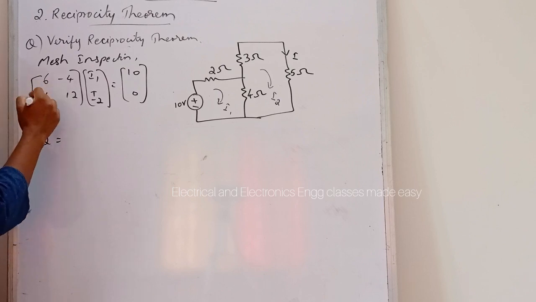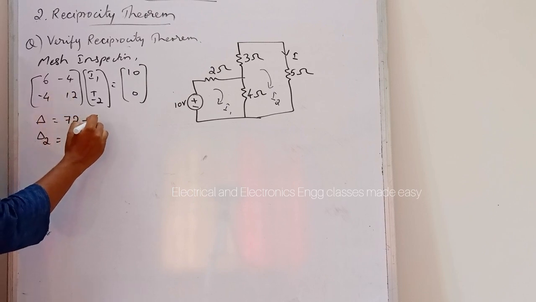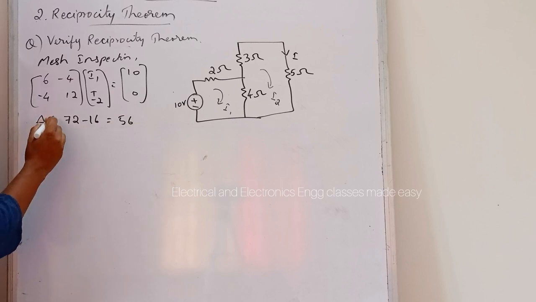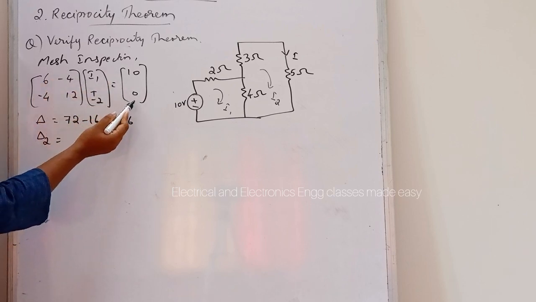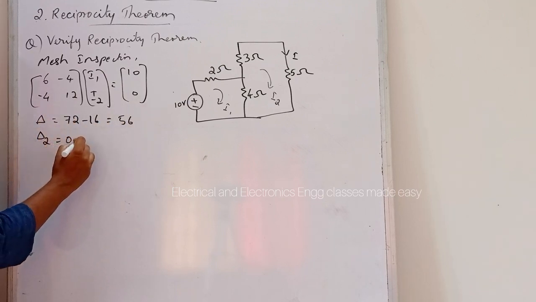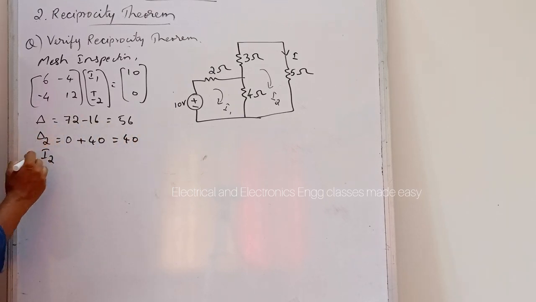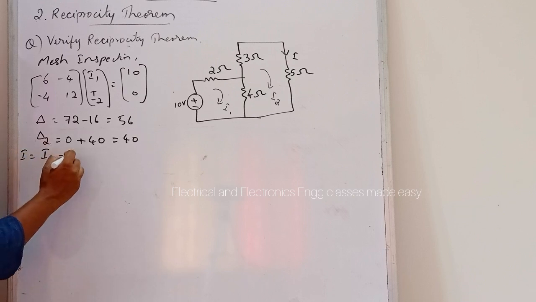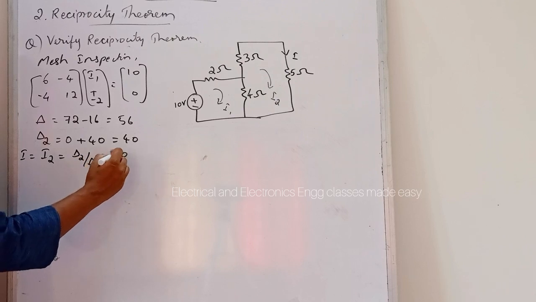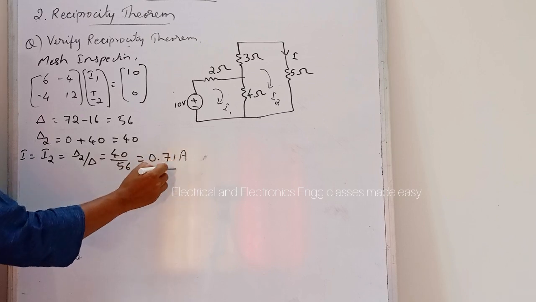So delta is the determinant of this one, and that is equal to 72 minus 16, that is equal to 56. Then delta 2 is equal to changing the second column elements with the voltage elements. So we will get 0 plus 40 equal to 40. Now we can find the value of I2, that is I is equal to I2 is equal to delta 2 divided by delta, and that is equal to 40 divided by 56, and that is equal to 0.71 amperes.